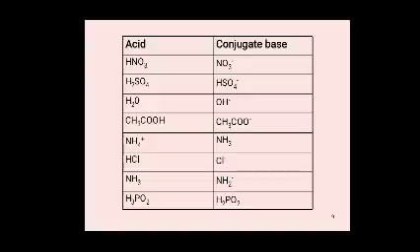NH4+, the ammonium ion, has the conjugate base NH3, ammonia. HCl, hydrochloric acid, has the conjugate base chloride ion. NH3 has the conjugate base NH2−, the amide ion. H3PO2 has the conjugate base H2PO2−.